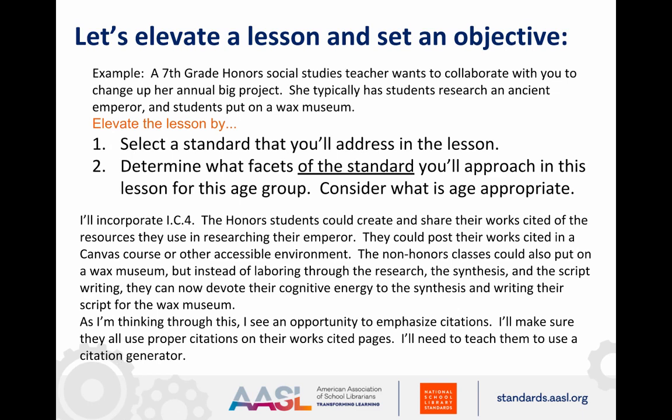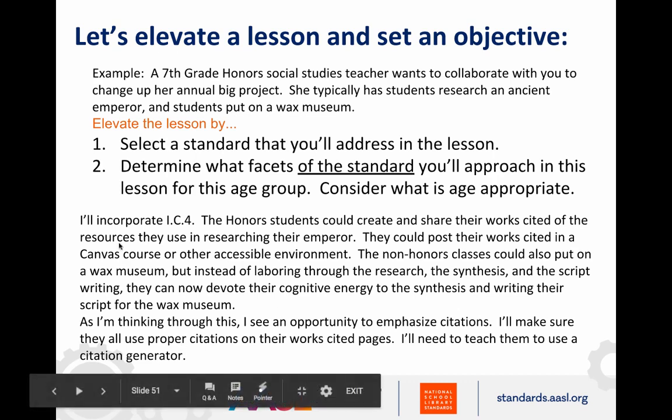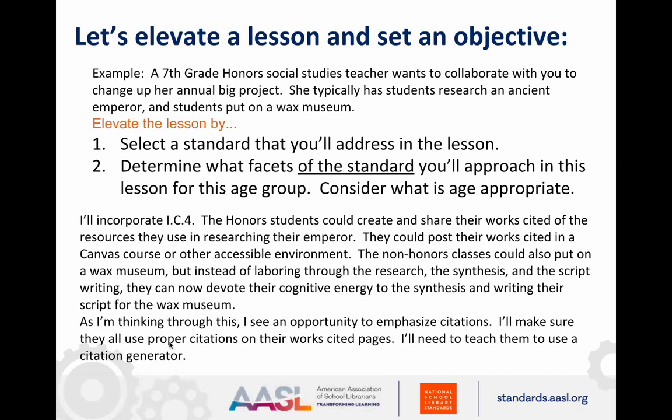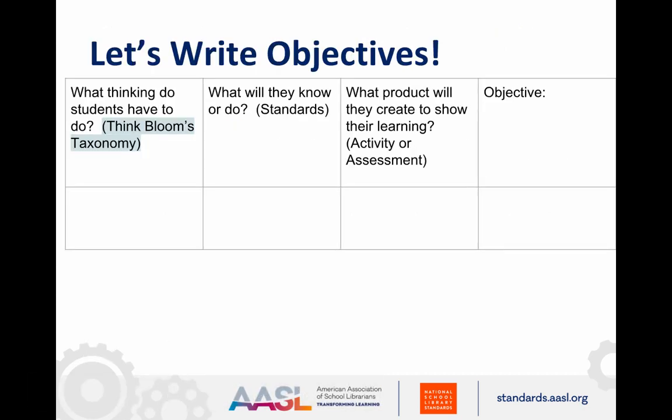So if I were to write this out in one of those lesson plan templates, I would have a primary objective that involves these things, and I would have a secondary objective involving the citations. So what that might look like is something like this. This is a template that you have in your participant folder.